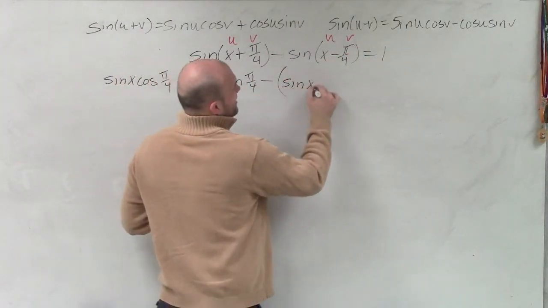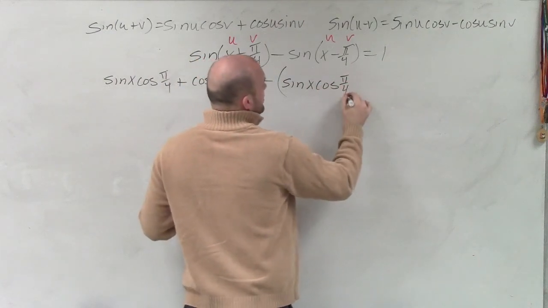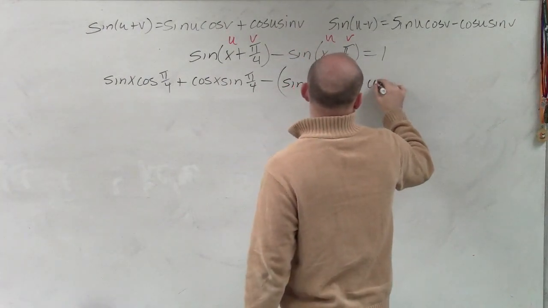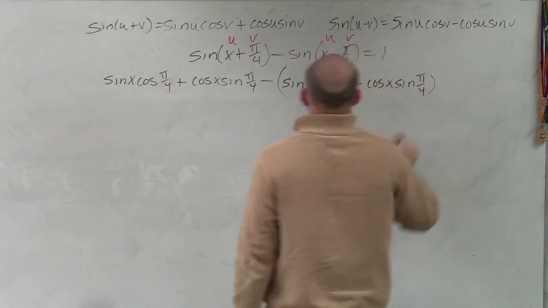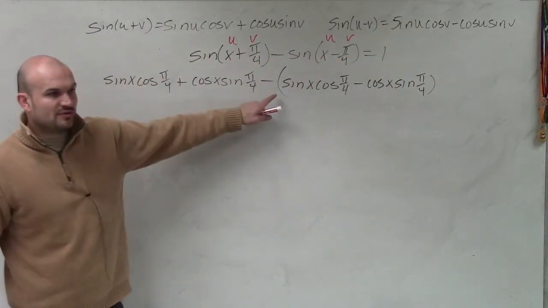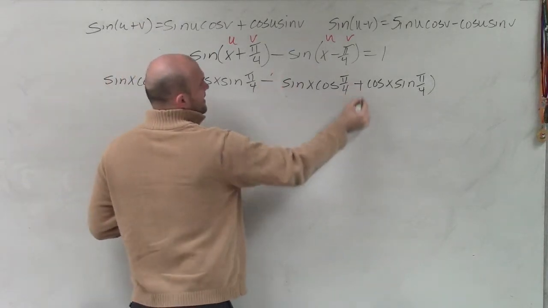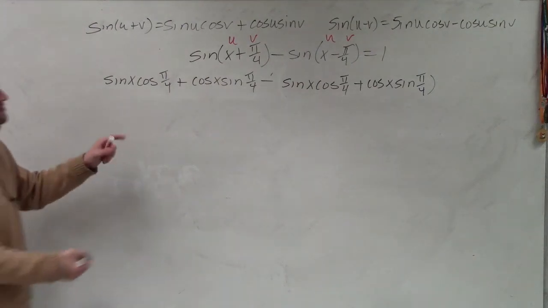That will be the sine of x times the cosine of pi over 4 minus the cosine of x times the sine of pi over 4. So as I distribute this, this becomes negative, and that's now positive. OK?